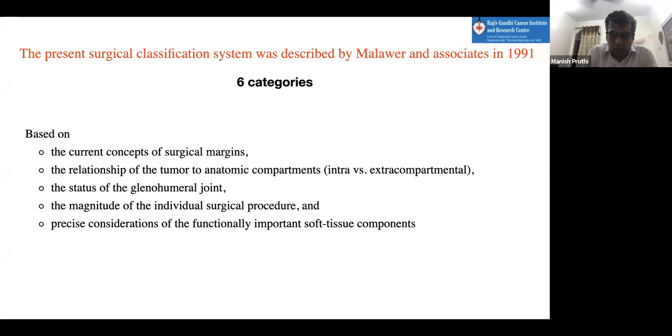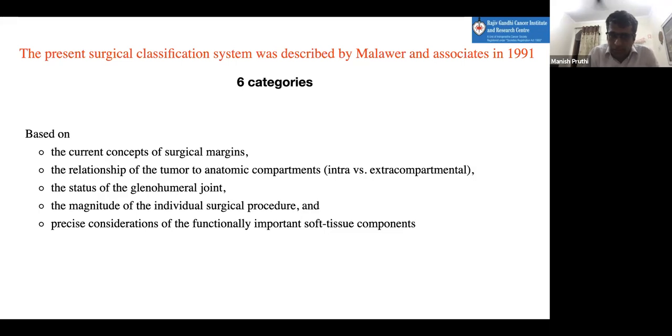And this was based on the concepts of the surgical margins, the relationship of tumor to anatomical compartments, like whether the tumor is intracompartmental or extracompartmental, the status of the glenohumeral joint, the magnitude of the individual surgical procedure, like whether it requires the excision of the abductor muscles or not, and precise considerations of the functionally important soft tissue components. So most important here is to understand the current concepts of surgical margins.